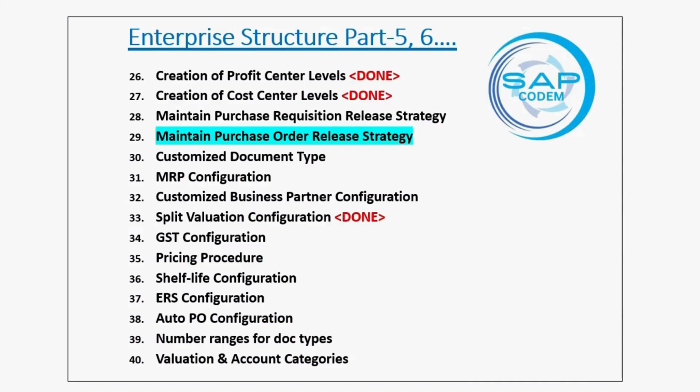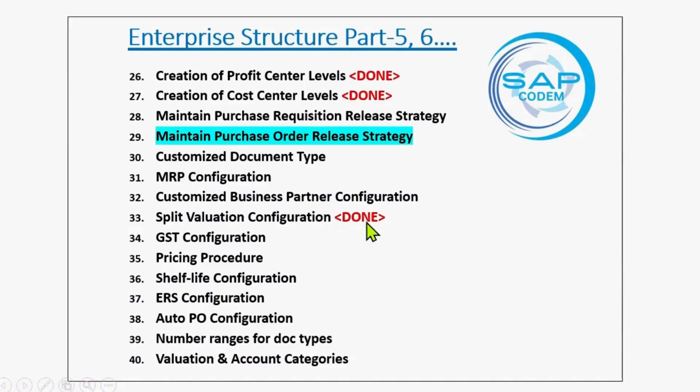Enterprise Structure Part 5. This is in continuation of Part 4. You have already learned creation of profit center, hierarchy levels, creation of cost center, hierarchy levels, and also you have learned split valuation configuration, and we have taken one business requirement as a scenario.